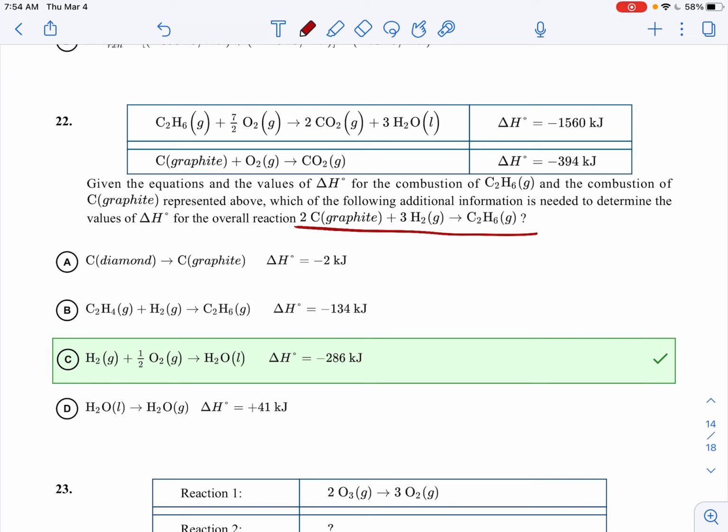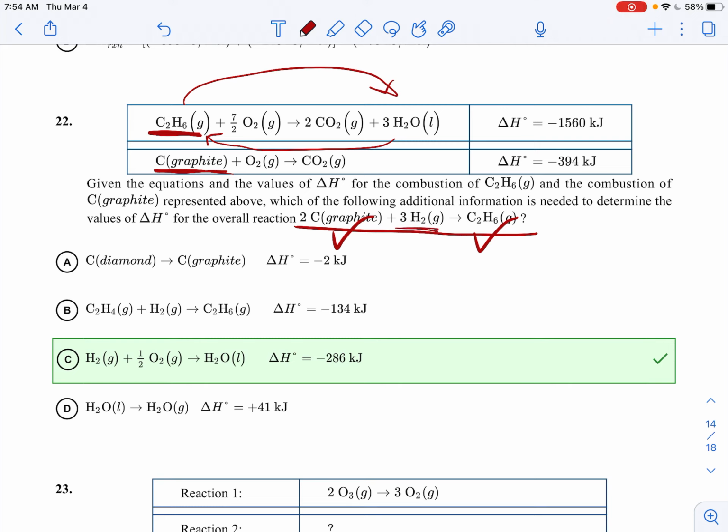Now let's look and see what we have in our reactions given. We have C2H6 as a reactant, and so what we can do is actually flip this reaction to where C2H6 is a product, right? We have carbon graphite as a reactant, so we got that covered.